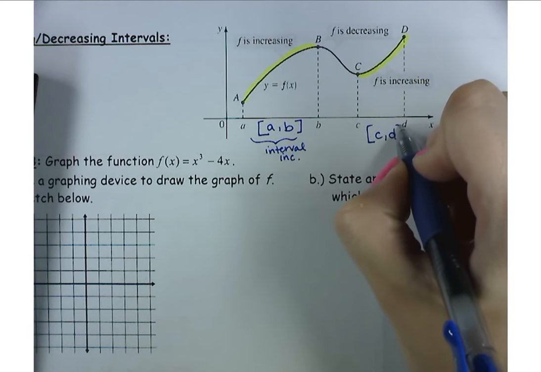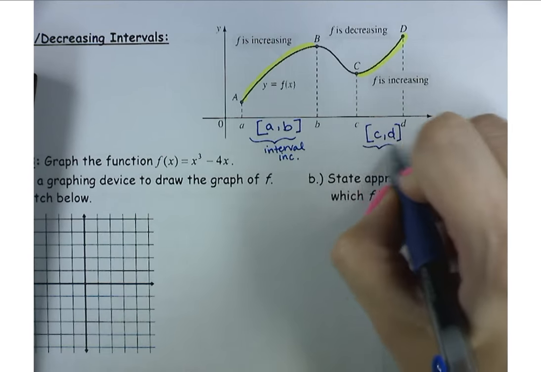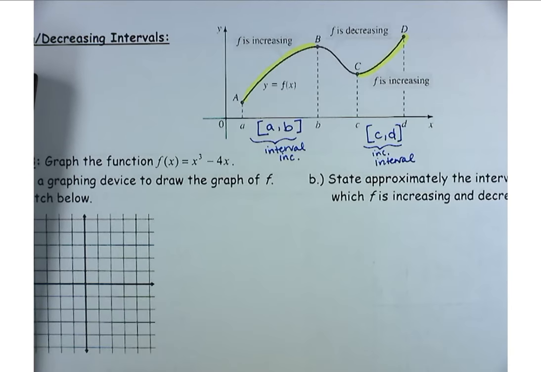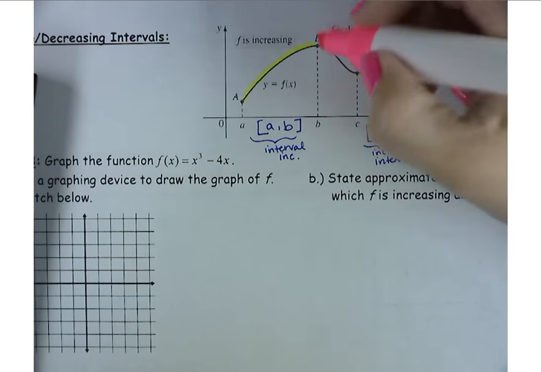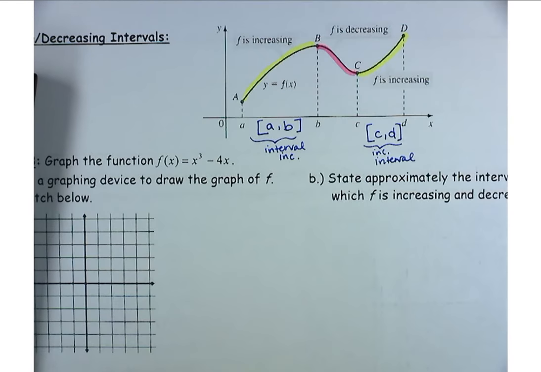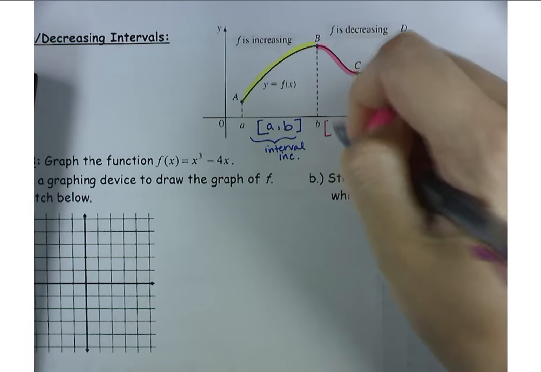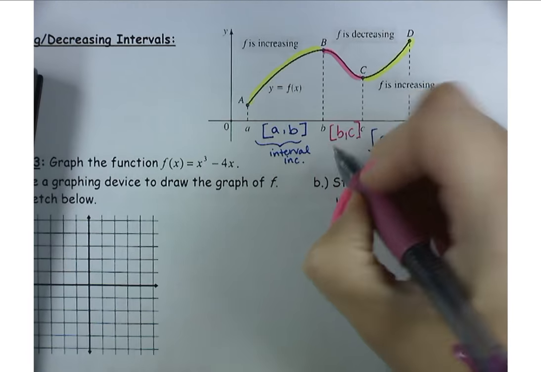So this is another increasing interval. The one in the middle is going down from left to right, so that is our decreasing interval, and that would be from B to C.